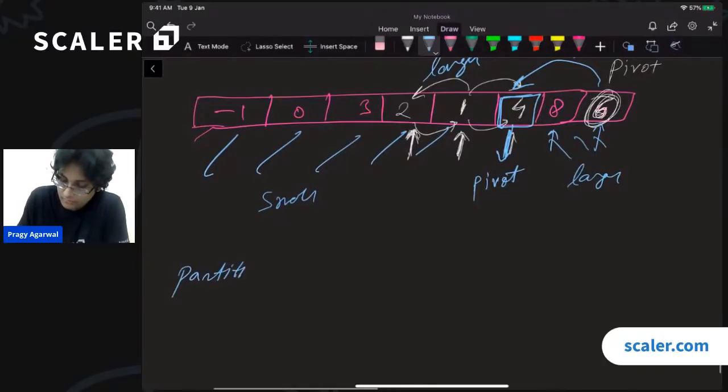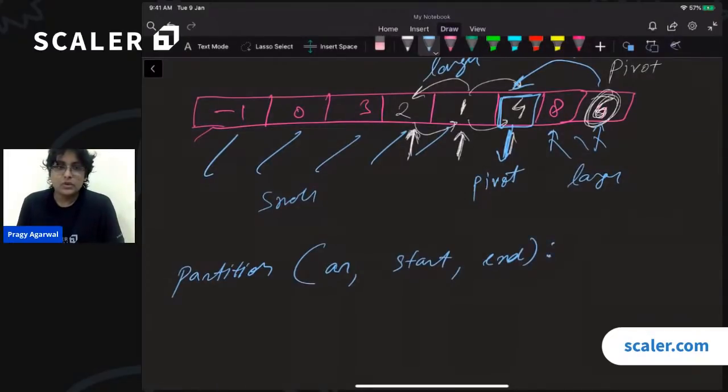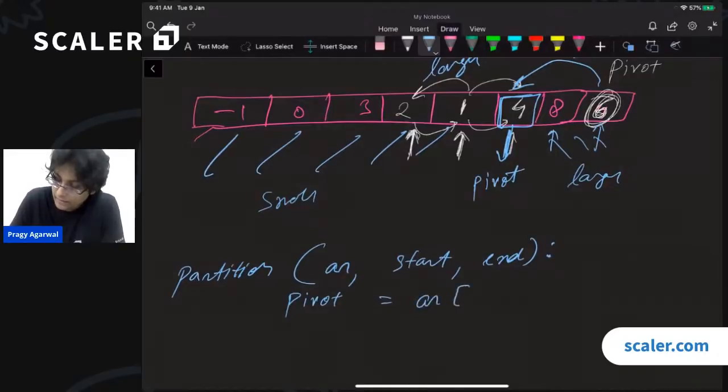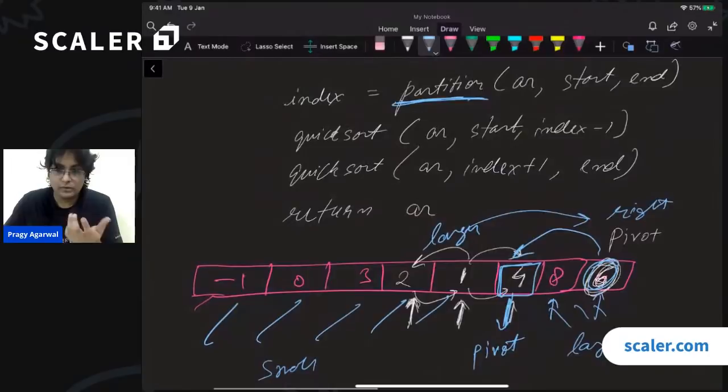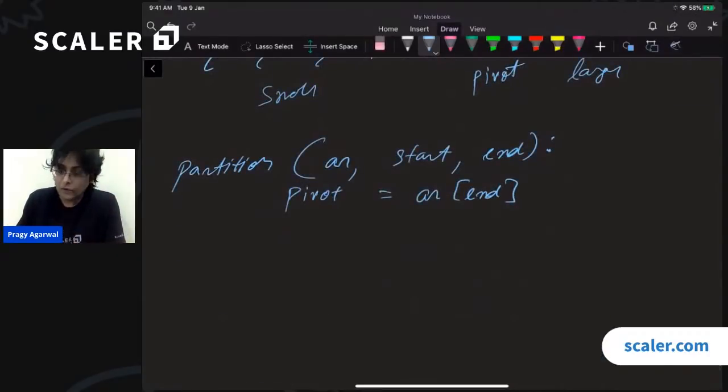So I have partition, I have an array, and I have a start and an end. I need to partition this array. So first of all, I will choose the pivot. I will say pivot equals AR of end. I will choose the last element as the pivot, the last element, which was 4 initially. Then I will have an index.